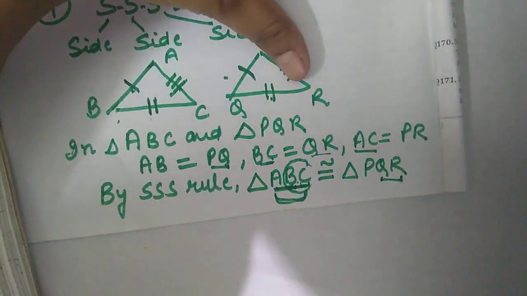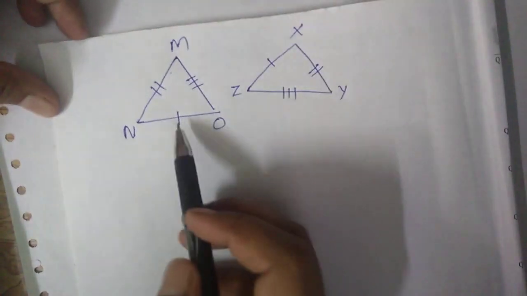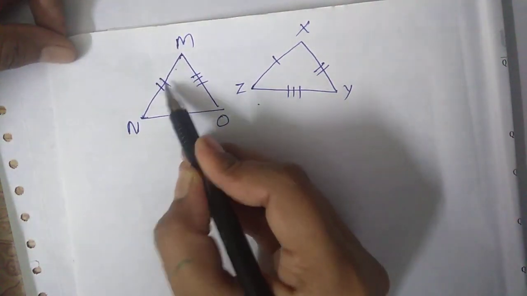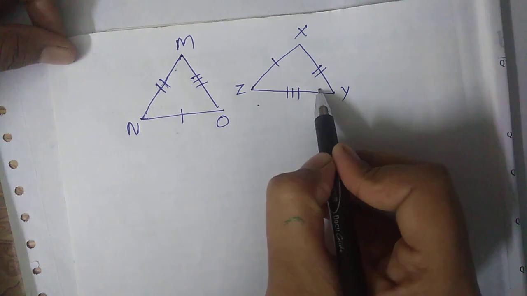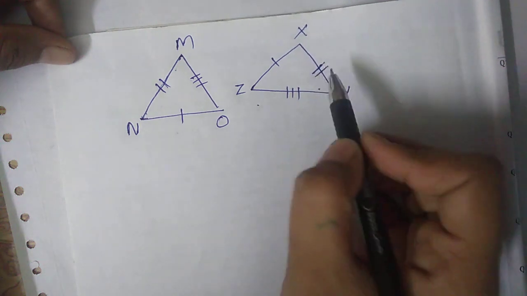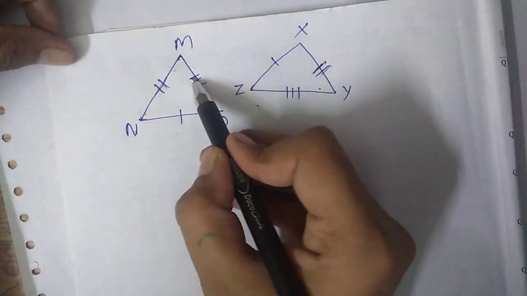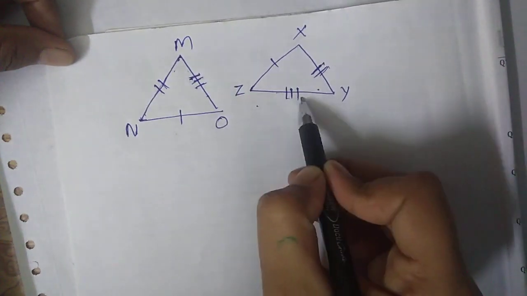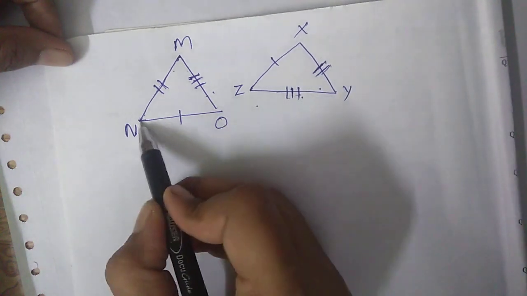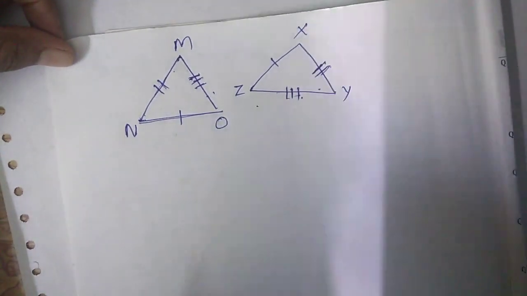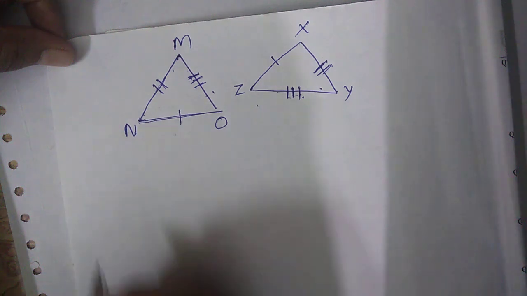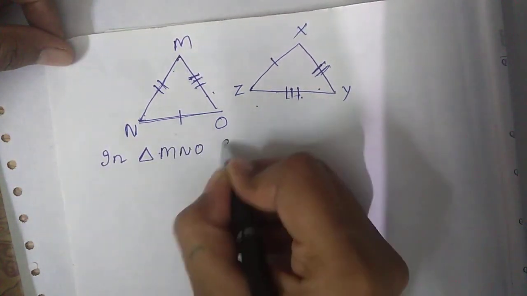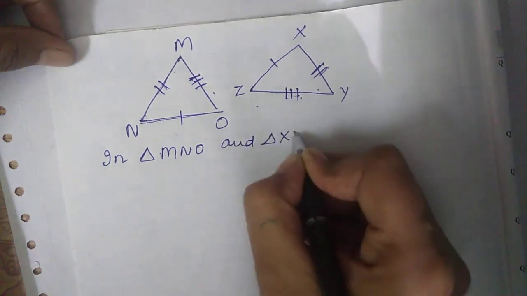One more naming I am writing. Now I have drawn two triangles in which MN is cut by two marks, MN is equal to XY, because this is also cut by two marks. And here it has three marks, so this side is equal to this and this side is equal to this, sorry, XZ. So first I will write the equal sides, in triangle MNO and triangle XYZ.